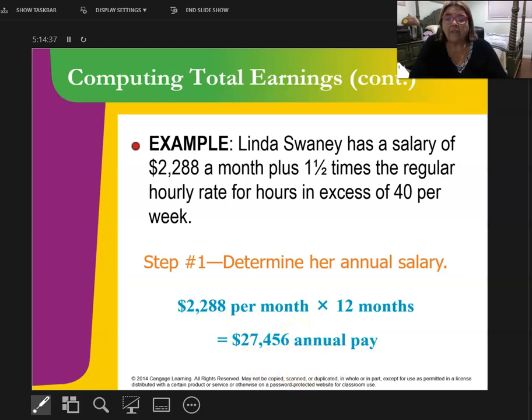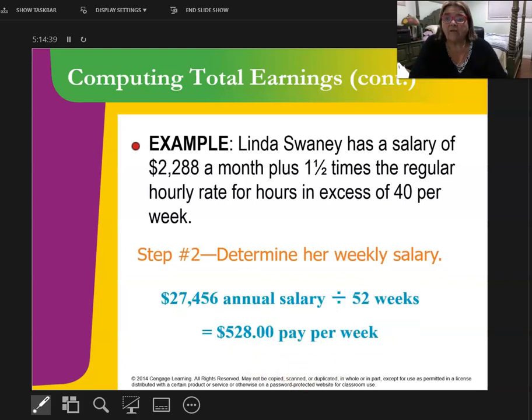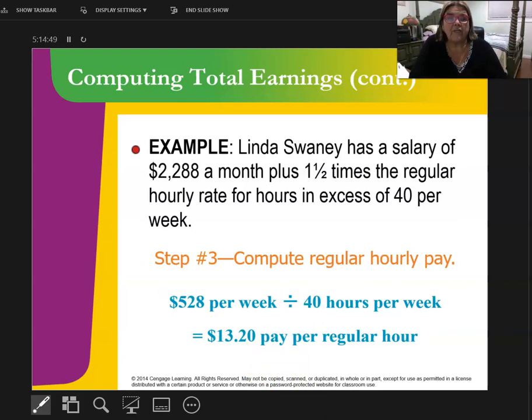Now we're going to calculate her weekly salary, dividing it by 52 weeks. So each week she's paid $528. Now we're going to figure her hourly pay by dividing it by 40. So here is her hourly pay. So she's paid 1.5 times that rate for anything in excess of 40 hours per week.